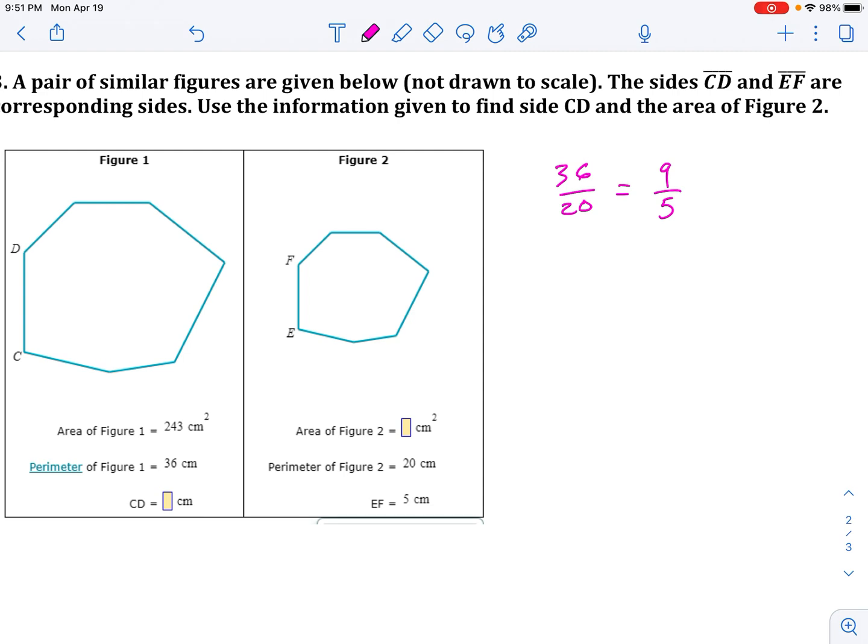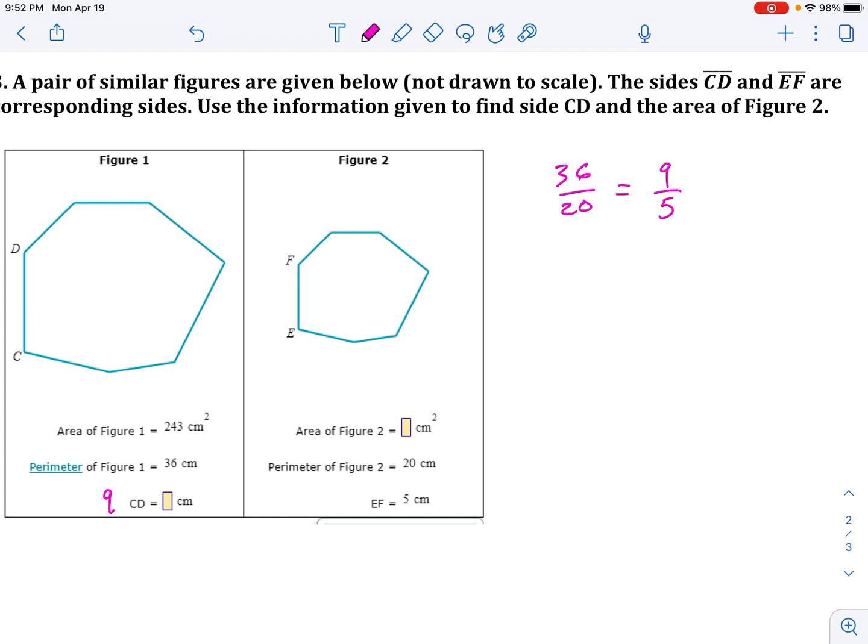And that would basically be our scale factor, just by simplifying it. We don't have to do any square roots on this one because perimeter and scale factor are the same. But I actually know this right off the bat is going to be 9 down there because we see the 5 there as well. So 9 over 5, that means figure 1 must have a scale factor of 9.